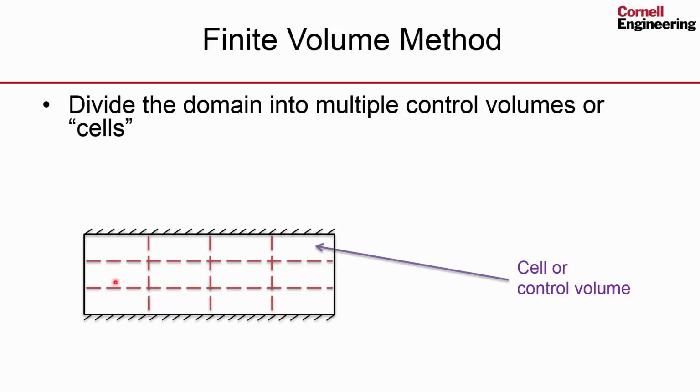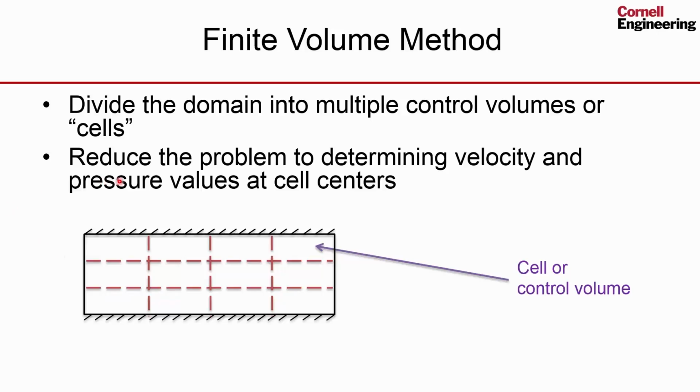And here we have divided the domain into 12 cells. The next thing we do is we reduce the problem to determining velocity and pressure values at cell centers. So I've marked out the cell centers here. I have 12 cells, so I have 12 cell centers.